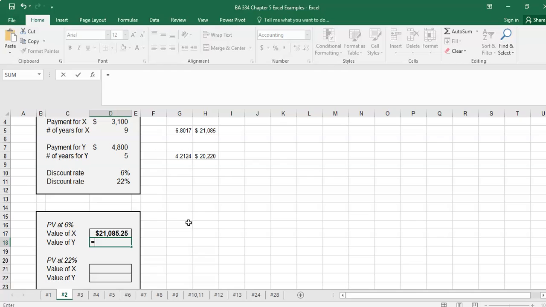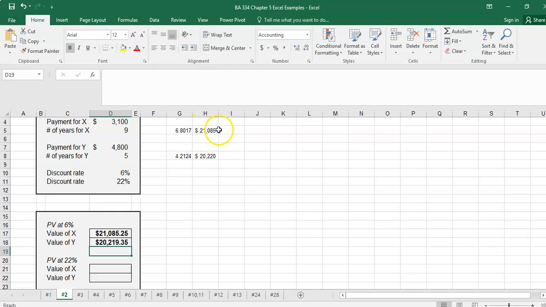So we can calculate the present value with our rate, time periods, 5 years, and 4,800. You can see that we get very similar results to what we got from the factor table.